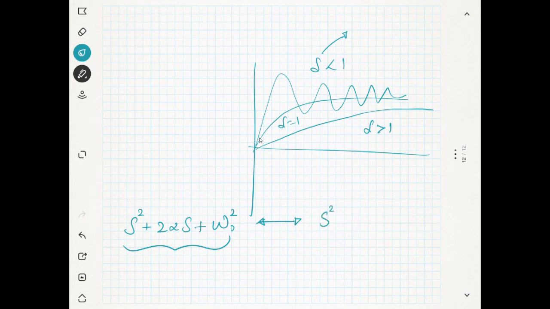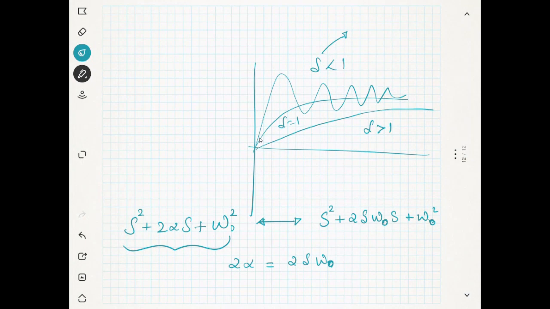You will see the general form S square plus 2 into delta into omega n S plus omega n square. Now, if you compare this equation, 2 into alpha will be equal to 2 into delta into omega n, or omega naught.